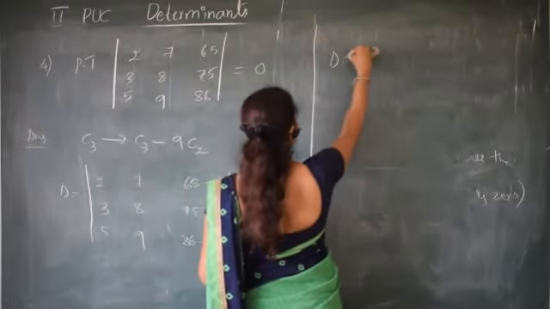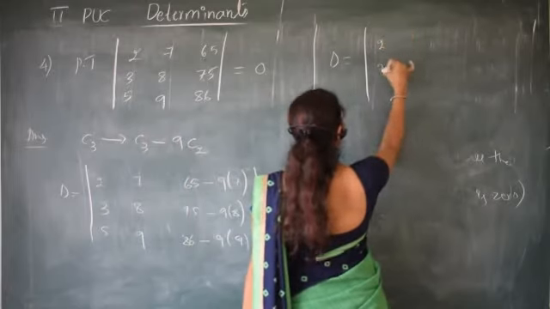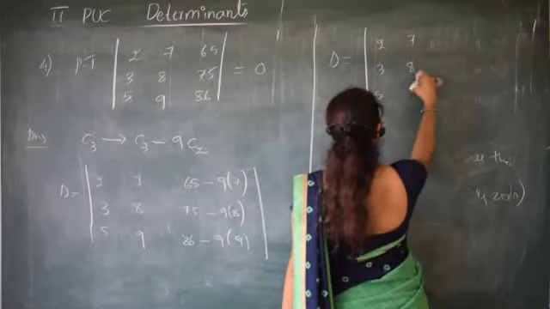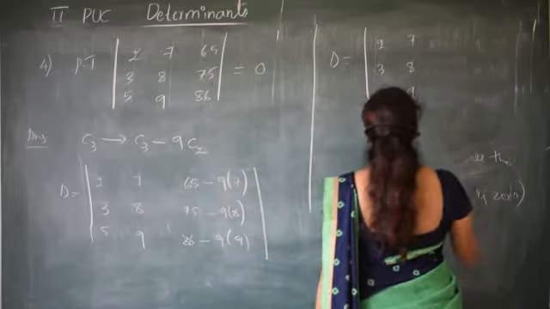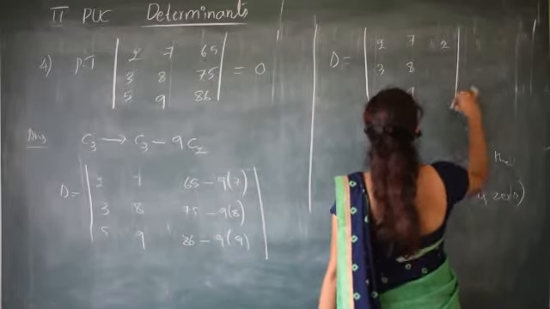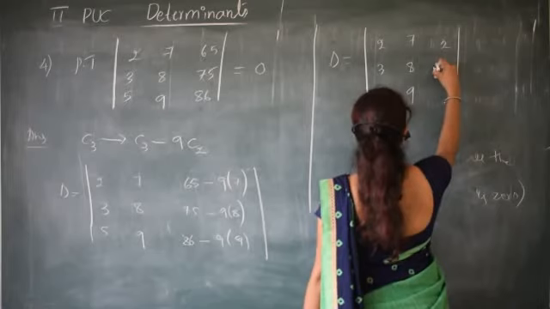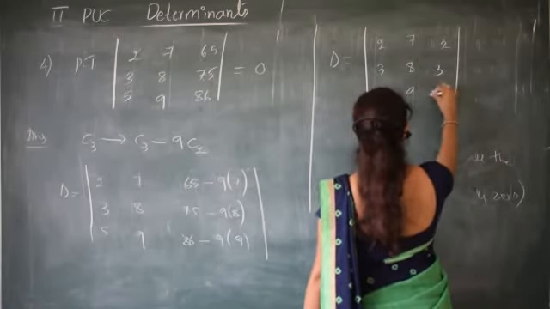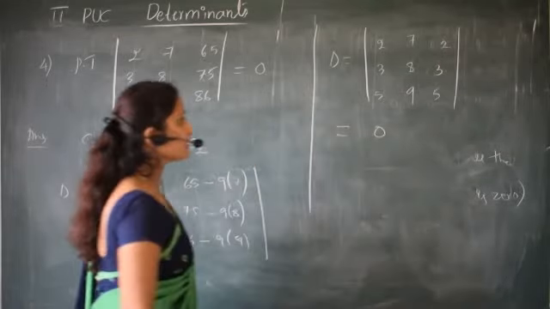Delta is equal to the first columns as they are, 2, 3, 5, 7, 8, 9, and 9 into 7 is 63, so the third column is 2, then 3, then 5. So this will be equal to 0. Why is it equal to 0?